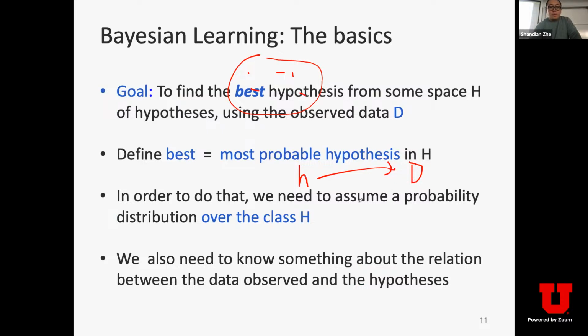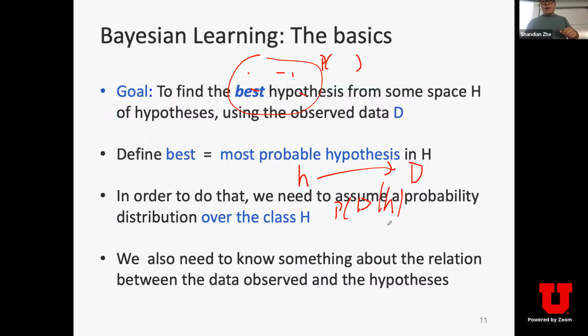And then we're going to build up a probabilistic model to represent those associations. For the distribution over the hypothesis space, we're going to call it the prior distribution over this hypothesis space. And then the relationship between the hypothesis and data is usually modeled by the so-called likelihood.